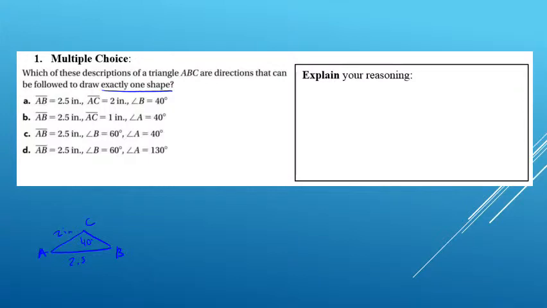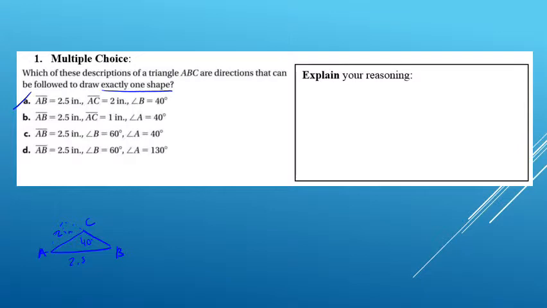Or I could have a length of C that might be drawn a little bit differently, right? That could go in further. If this was extended further, I might be able to also make a 2-inch line. And so there's actually multiple possible triangles that could be made from this information. So this, A, does not produce exactly one shape.